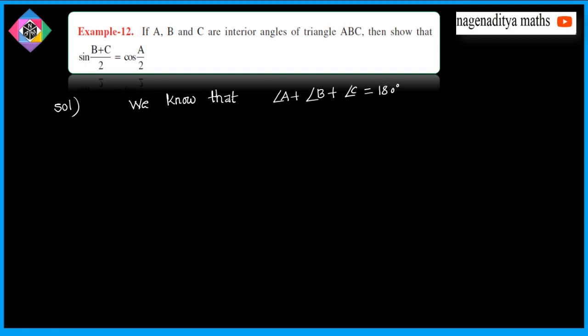So here we have B plus C. We leave B plus C on the left-hand side and send angle A to the right-hand side. So angle B plus angle C is equal to 180 minus angle A.